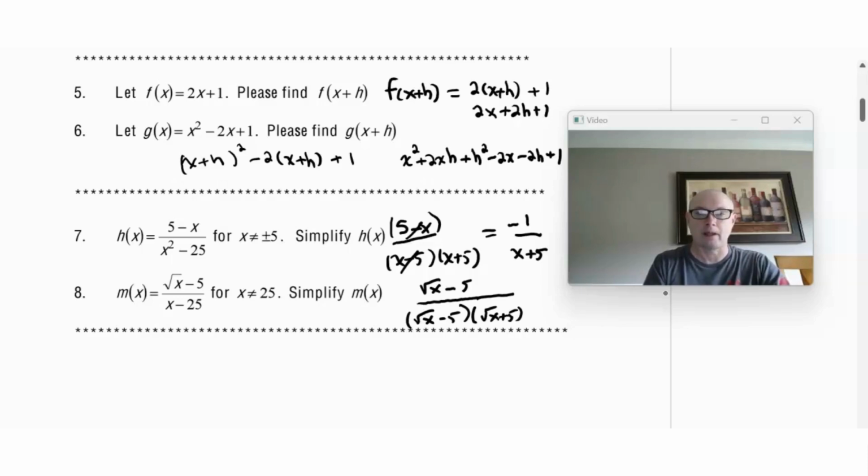And now we can divide out root x minus 5 divided by root x minus 5, and we would get 1 over root x plus 5.